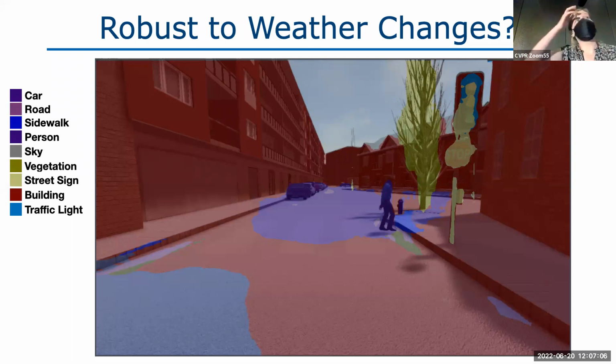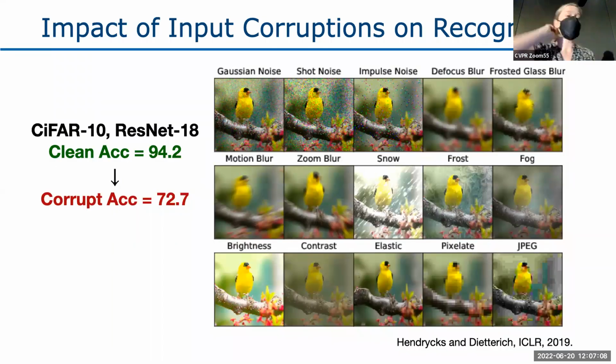There are other circumstances under which models can fail. For example, if minor corruptions that hadn't been seen at training time appear. There's a data set that was introduced in 2019 that showed that even for the same exact data being evaluated before and after corruptions, you could see up to a 20% drop in accuracy.